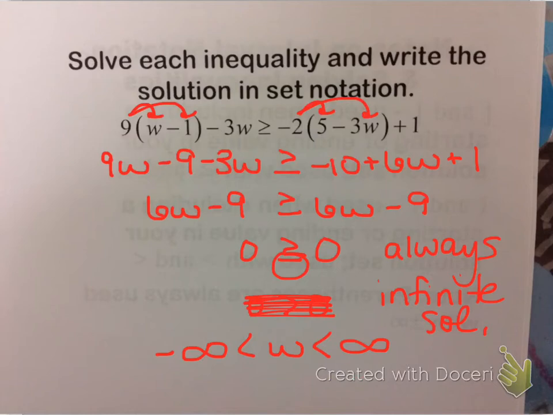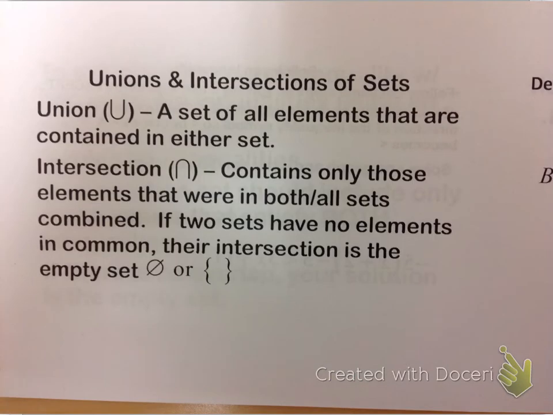Okay? So then the final comments for today are these types of notations that we use in between our intervals of solutions. This is the word or. It's called the union symbol, and you literally read it to yourself as the word or. So let's say that I did this.